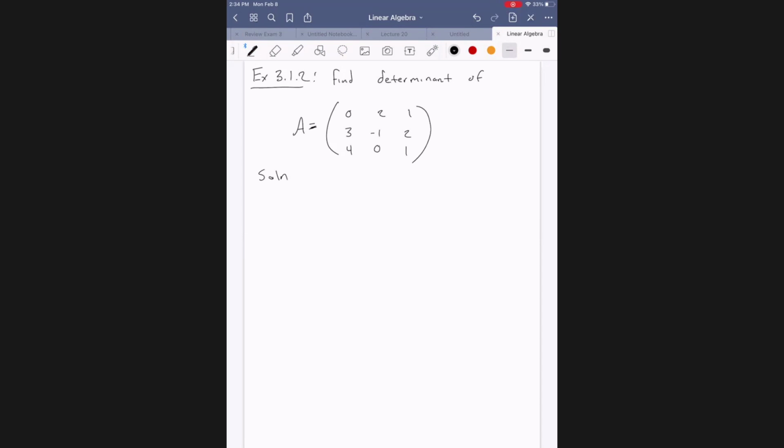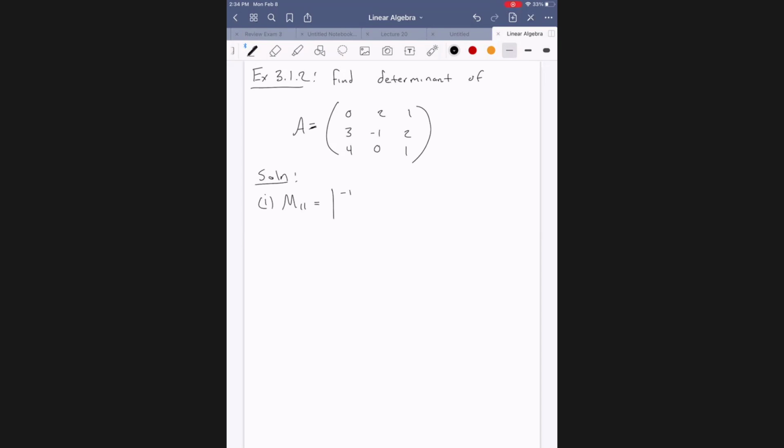So again, all I have to do is do the exact same thing I did last time, right? We wanted to find the minors, the cofactors, and then at the end just add them together by multiplying these entries. So let's find M11. The first entry is 0, so just in your mind, get rid of the first row, first column.